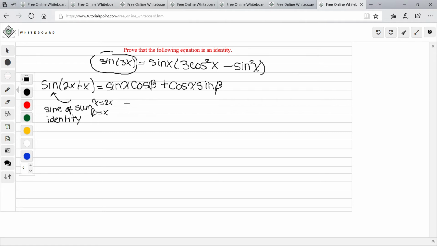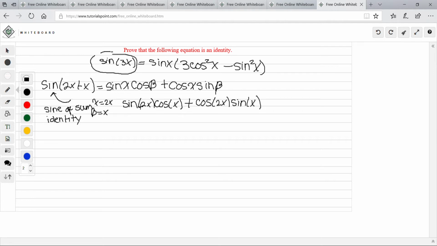So sine of alpha is sine of 2x, and then cosine of beta is cosine x, plus cosine of alpha, cosine of 2x, and then times it by sine of beta, which is sine of x. So we have sine of 2x times cosine x plus cosine 2x, and then times it by sine x.